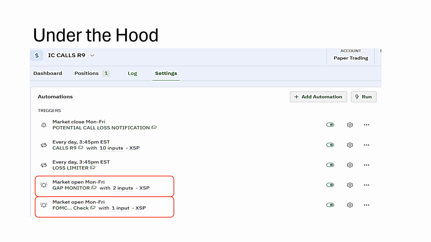The FOMC check is actually looking to see if the Federal Open Market Committee, the Consumer Price Index, or earnings are issuing any reports today or tomorrow. If any of those are true, we don't initiate any new trades till the dust settles. The situation with ex-dividend dates is handled by Option Alpha and avoids trades that expire on those days as well. If you're trading XSP, ex-dividend dates are irrelevant as XSP is not subject to early assignment.